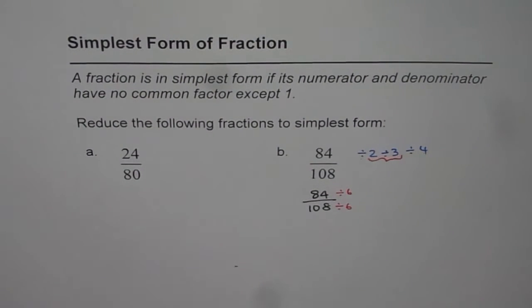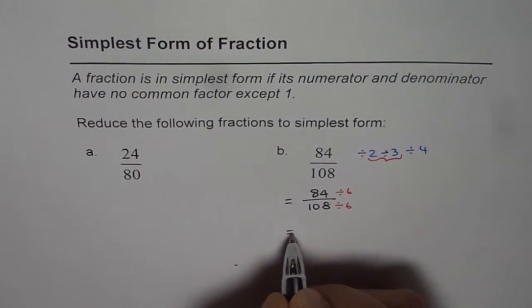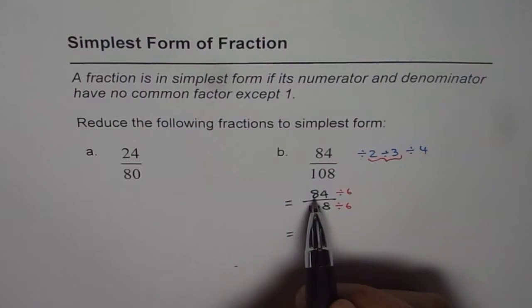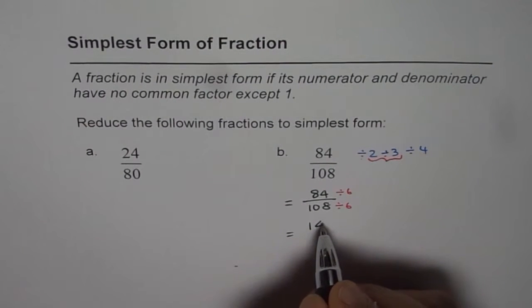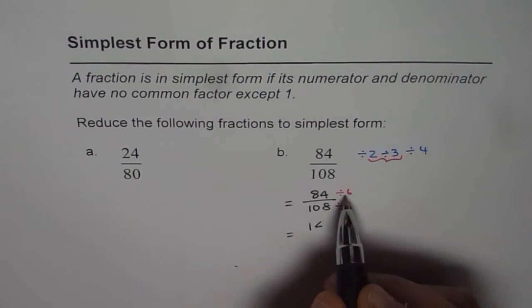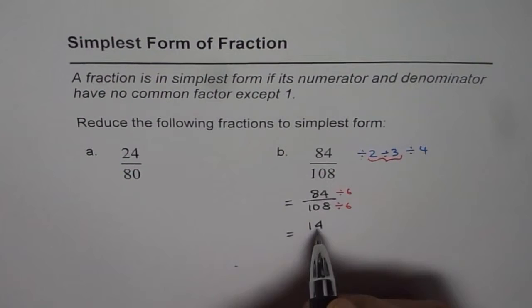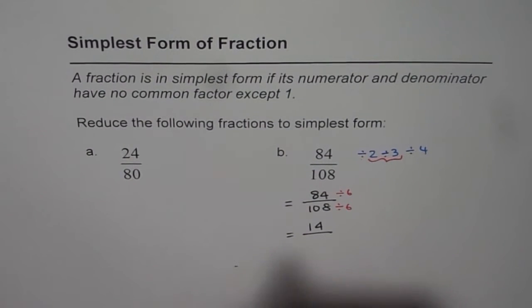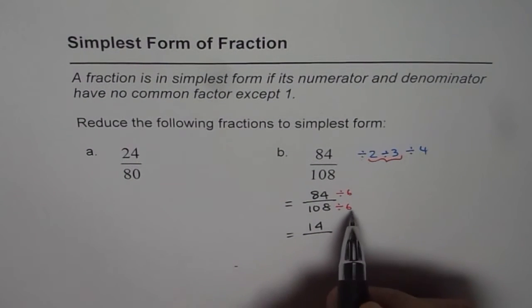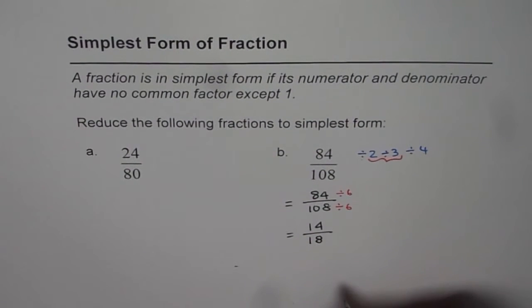If I divide 84 by 6, what do I get? 6 goes 1 time, that is 6, and 24 gives me 14. Oh, sorry, 12. So 6 goes 1 time, and 6 times 4 is 24, correct? So we get 14. Now in the denominator, I have 108, 6 goes 1 time, and I have 48. 6 times 8 is 48, so 18.